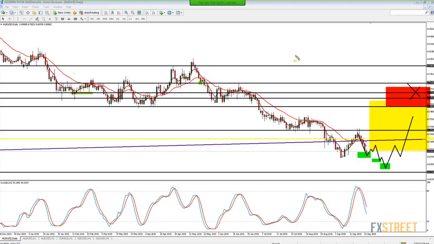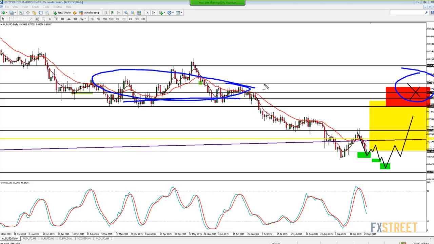If this is our extreme zone down here in the 68 to 67.5 zone, you can continue to look for shorts as long as you haven't hit that area. However, once you've hit that area, you expect that to be enough mojo to take it back to this extreme overbought zone within the context of the downtrend.